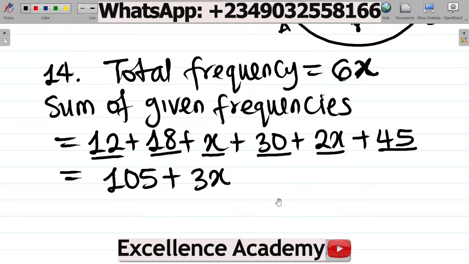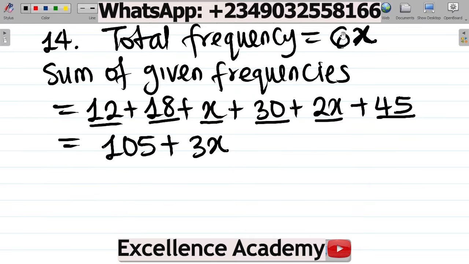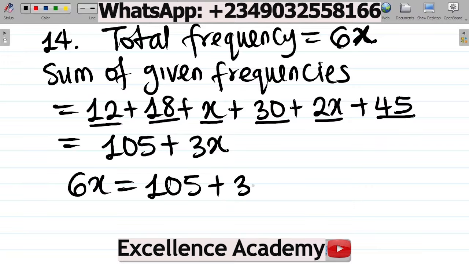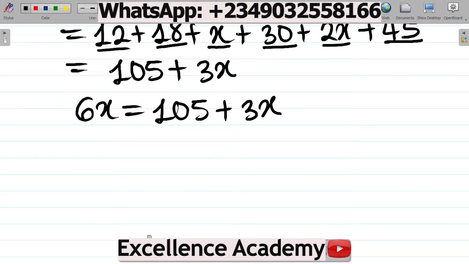So if I sum my frequencies, you have 105 plus 3x. Of course, we equate both of them because this is the total frequency, given the fact that it is a die and a die has numbers 1 to 6. And if all of them should occur equally in a fair experiment, you have 6x. So that means 6x will be equal to the sum of given frequencies in my table, which is 105 plus 3x. From here, we can get the value of x.